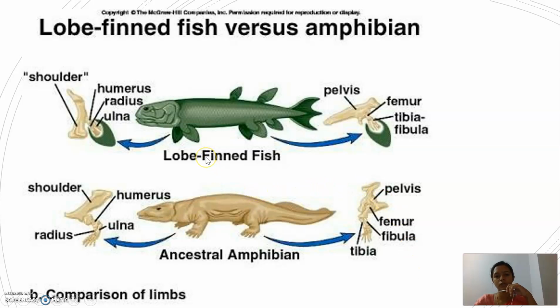Lobe-finned fishes versus amphibians: they are thought to be the evolutionary ancestors of amphibians, and this picture shows a comparison, especially in their fins and limbs.